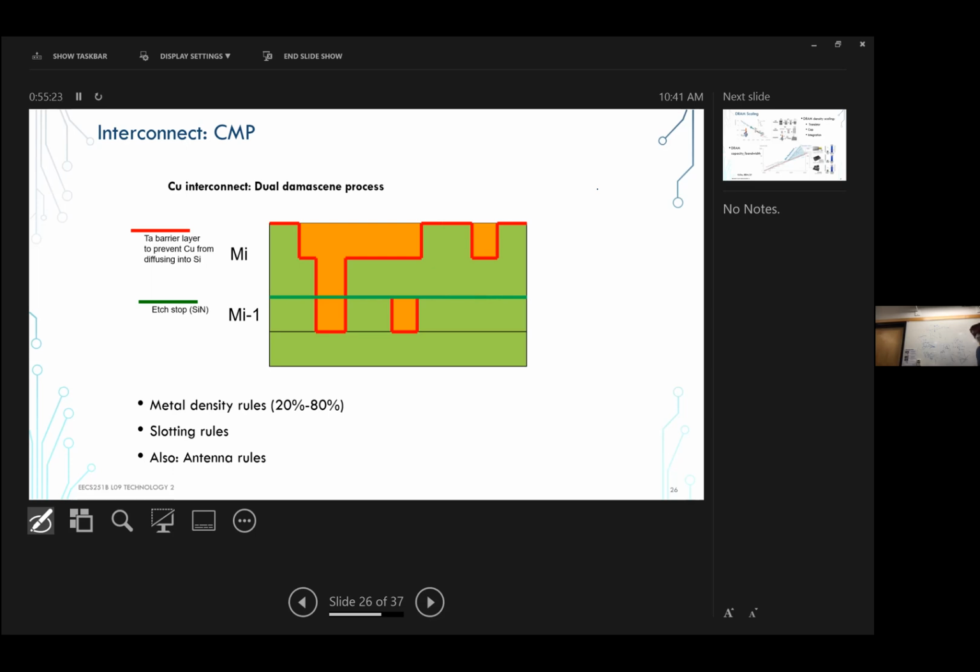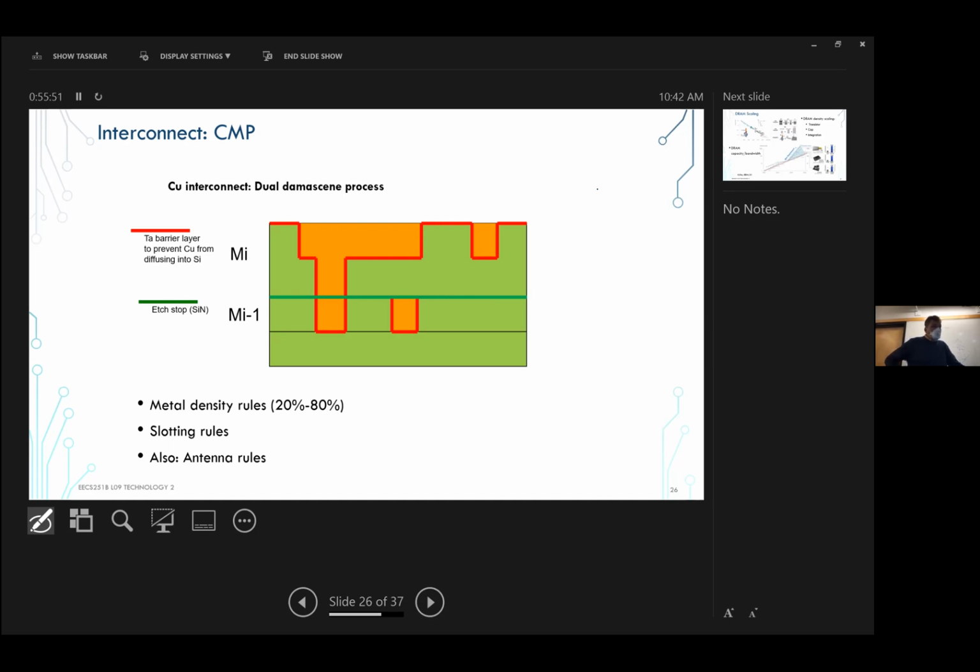It is also deposited in the so-called dual Damascene process, where the vias are deposited at the same time as the metal lines. But the softness adds a particular issue that designers need to worry about, which is density.